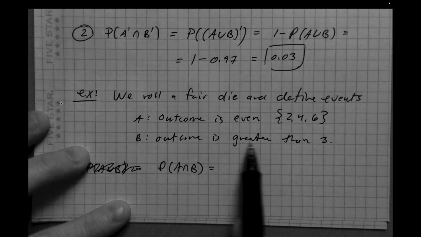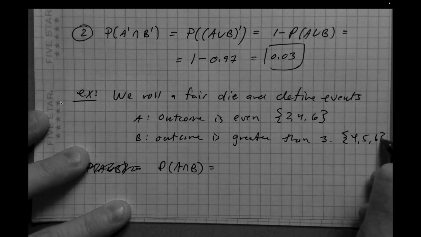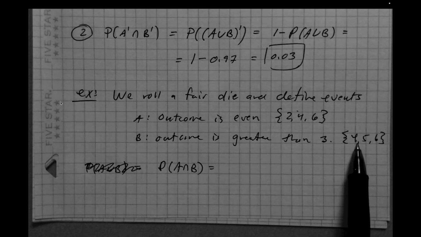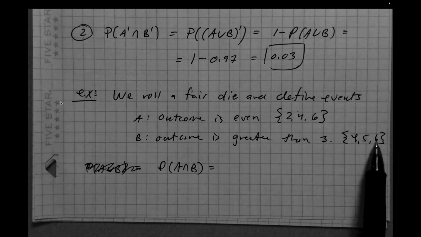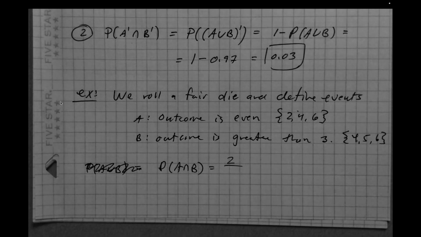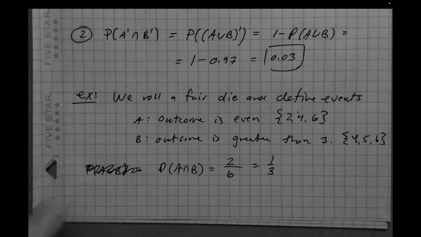And B is the outcome is greater than 3, so that's going to be 4, 5, or 6. So the probability of A and B, what's the intersection of these two events? Well, it's going to be 4 and 6. So that would be 2 possible outcomes here, out of how many total? 6 possible outcomes. And so the probability of the intersection will be 1/3.